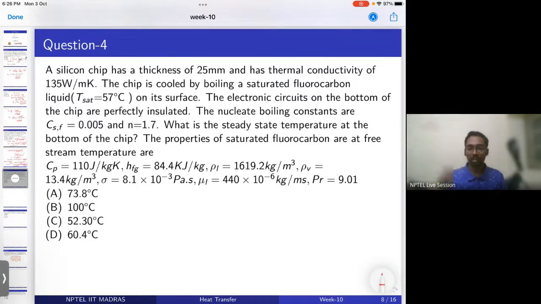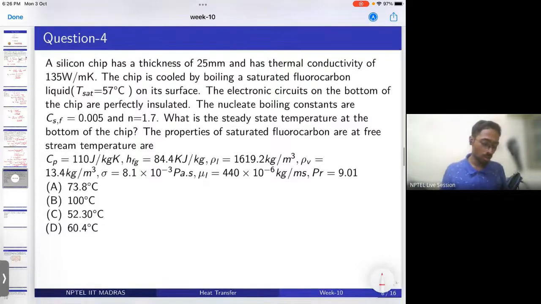If you see the boiling regime, if there is an increase in delta T, that is the wall superheat, it will directly go to the film boiling regime, and it will cause the burnout of the heater. So it's very important to calculate the critical heat flux from the design point of view.